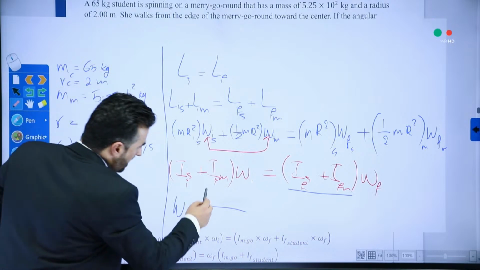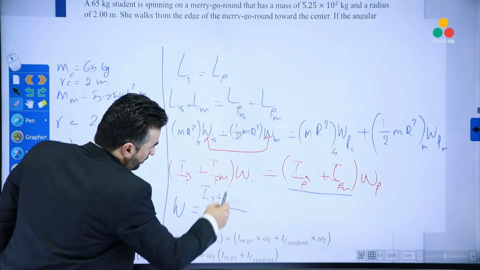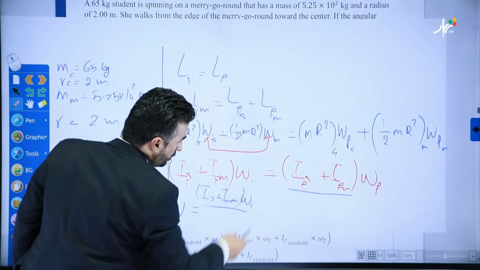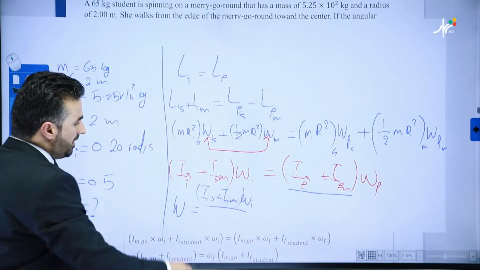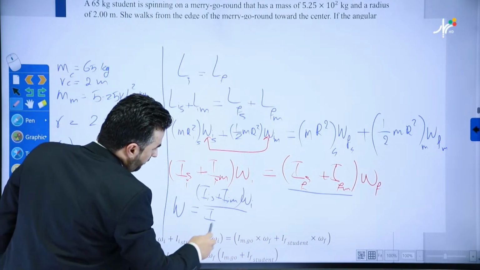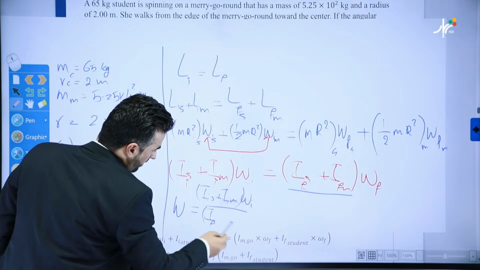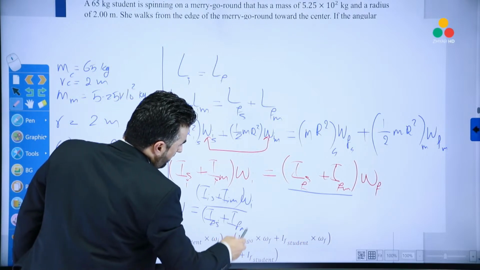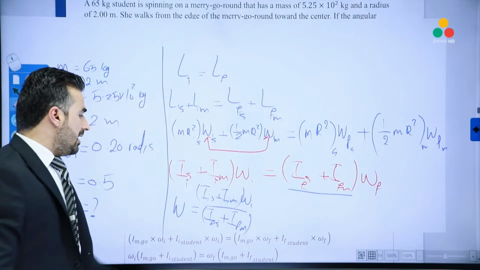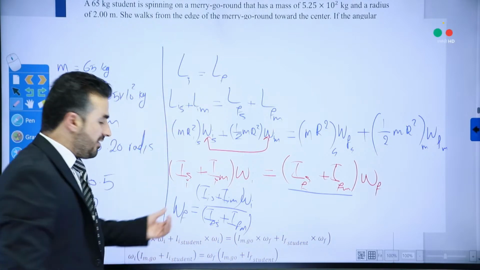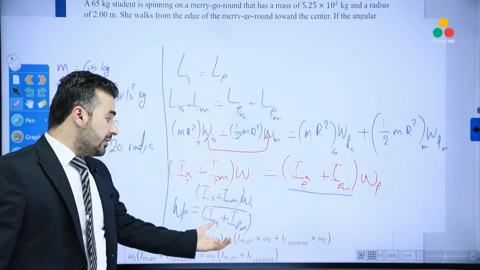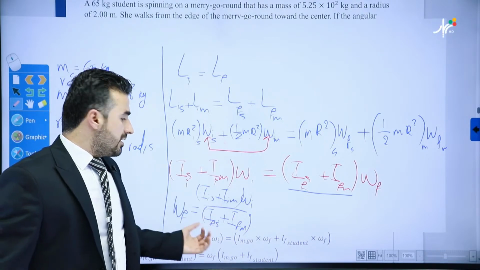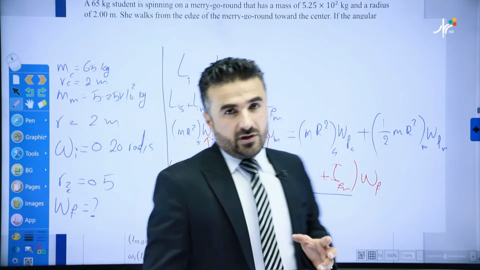So we can say I initial for the student plus I initial for the merry-go-round multiplied by the initial angular speed, divided by the moment of inertia for the student, final, that'll be the second one, plus the final moment of inertia for the merry-go-round. Then of course you plug in the numbers, and that'll be the final angular speed. You have to find their moments of inertia first, then you can find this one here.